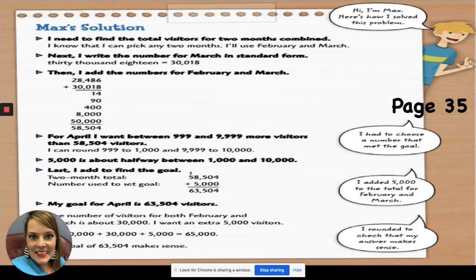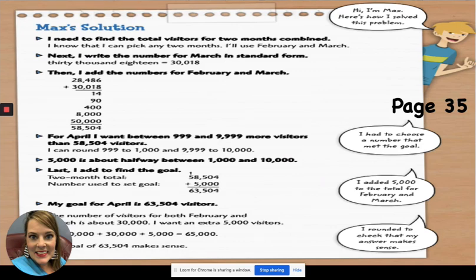And then the last part says, my goal for April is 63,504 visitors. The number of visitors for both February and March is about 30,000. I want an extra 5,000 visitors. So 30,000 plus 30,000 plus 5,000 is 65,000. So his goal is 63,504.